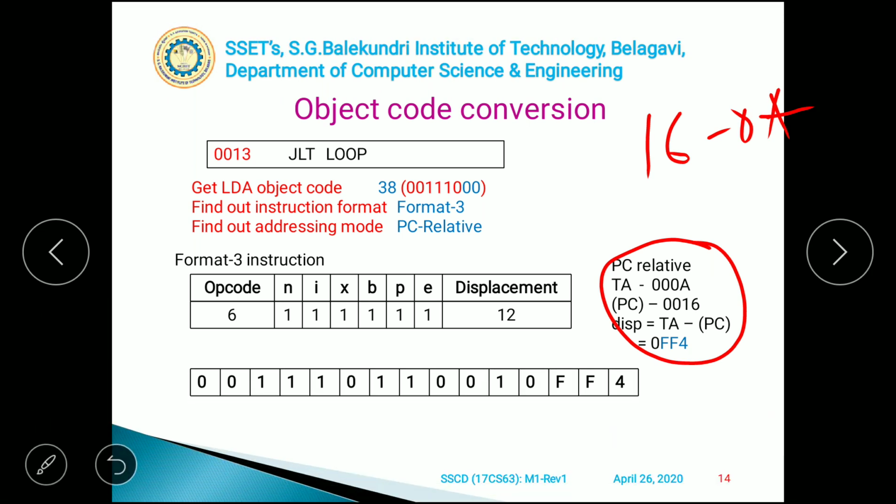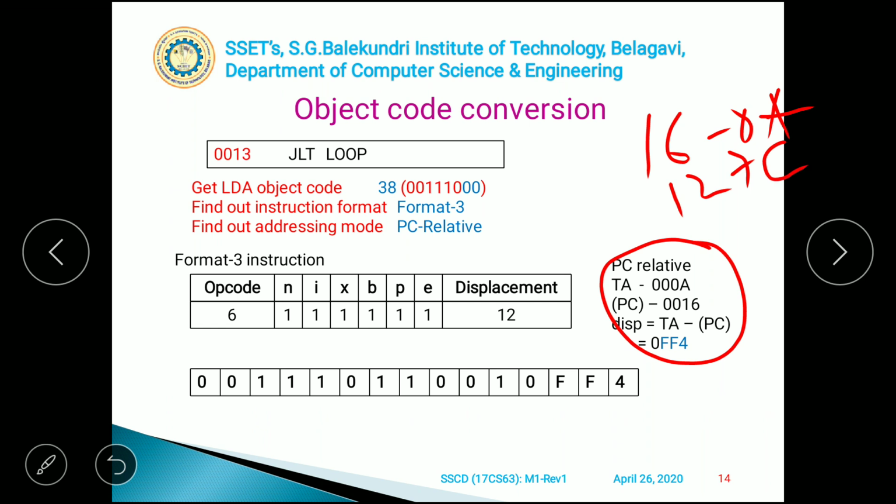So what you get, 16 minus 0A: 16 in hexadecimal is 22 and A is 10. So 22 minus 10 means you will get 12. This 12 is nothing but in hexadecimal C. Now how do you write C?